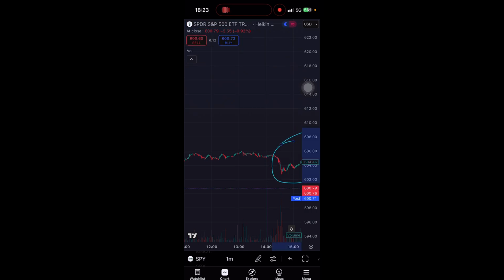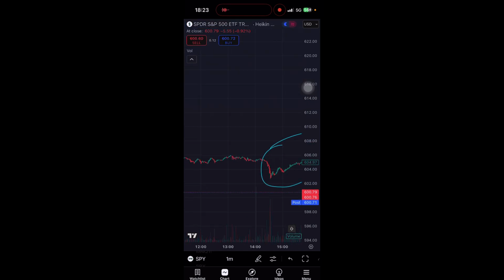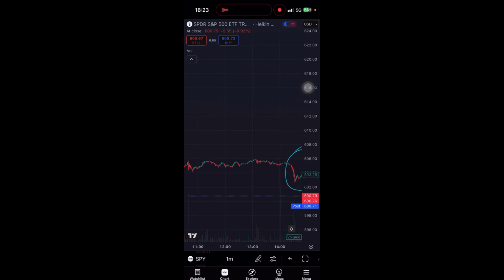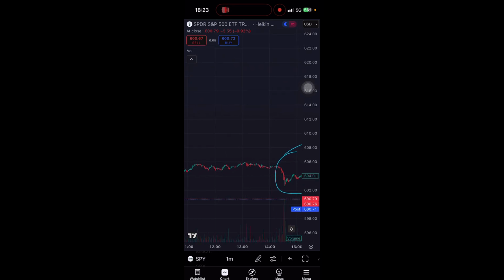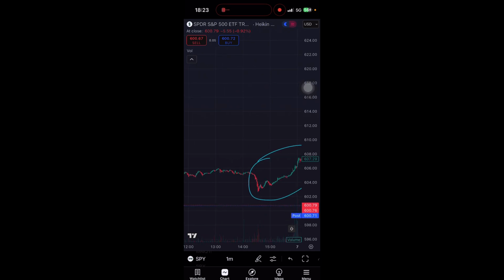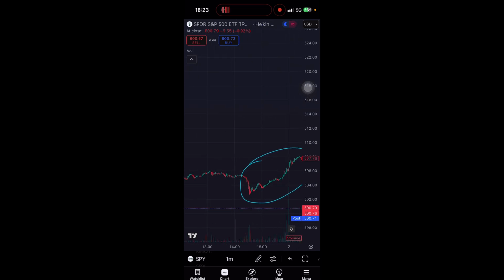So price was basically 603, 602.93. I love using TradingView, y'all. So price is like 603.04-ish, and then price rallied. Boom, boom, boom. You see it? Good rally, good rally, good rally.